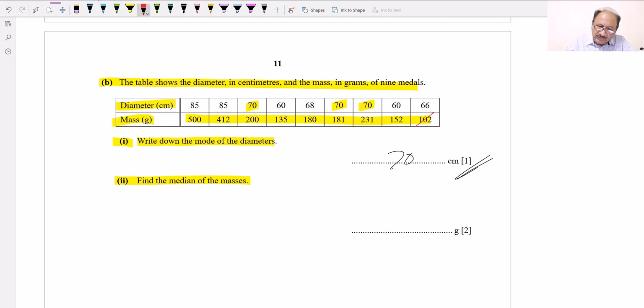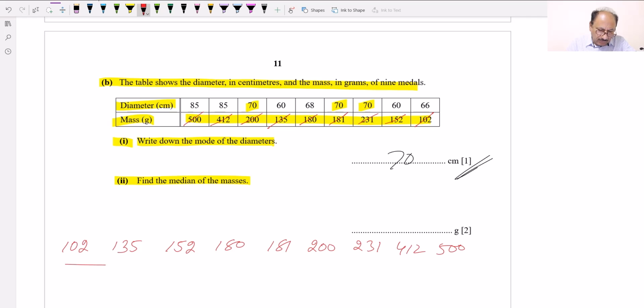First of all, 102, then 135, and next will be 152, and next number will be 180, and then 181, and then it will be 200, and next will be 231, and next number will be 412, and the last number will be 500.